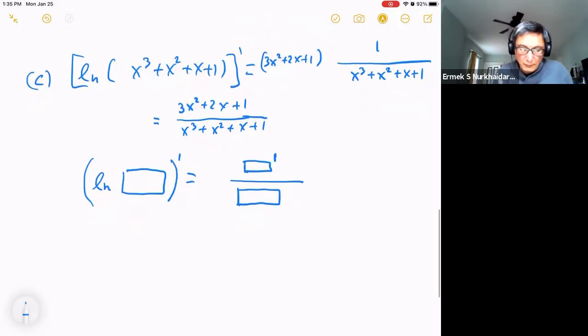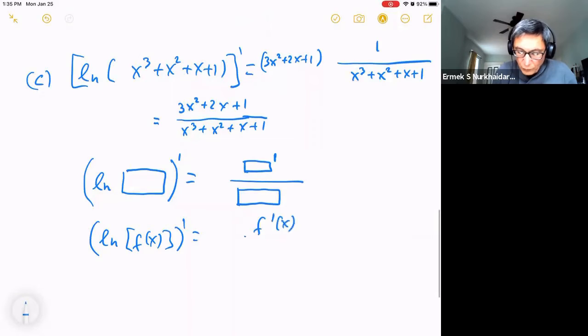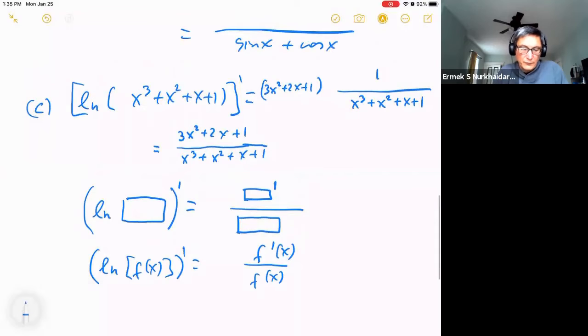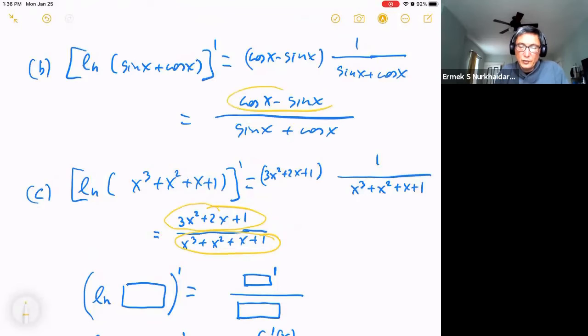So that's a shortcut. The derivative of ln of f of x is going to be f prime, the derivative, on top divided by the function. And that's exactly what you noticed. So for example, in the previous example, you see the derivative on top and the original function on the bottom. Same way here, you see the derivative on top and the function, the argument of ln, on the bottom.